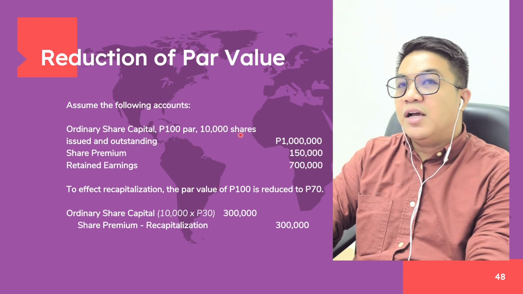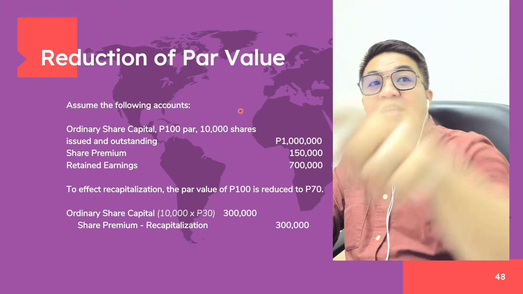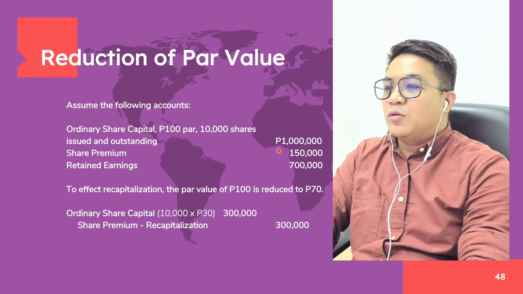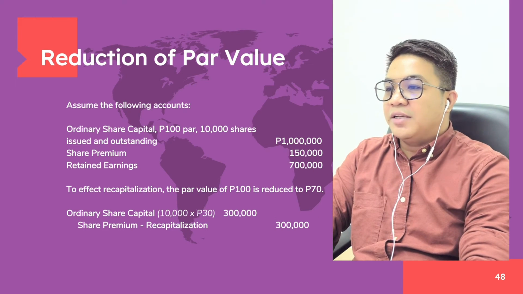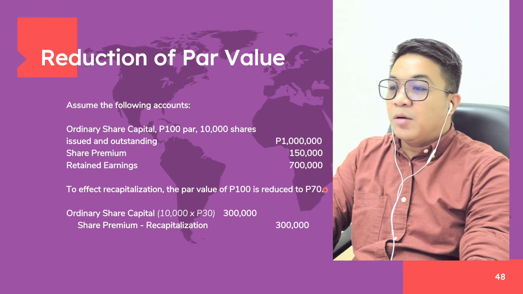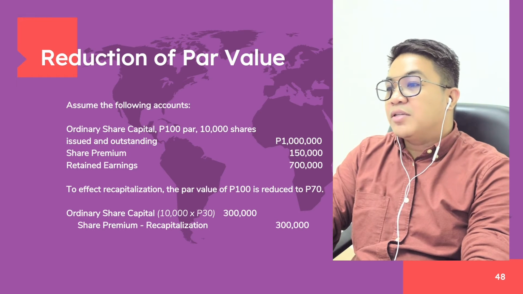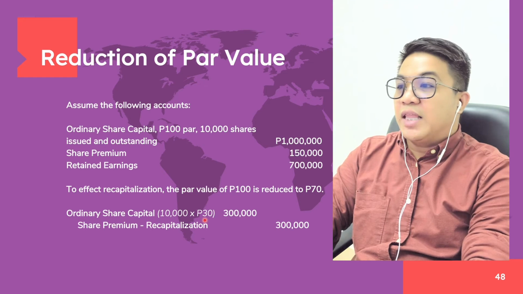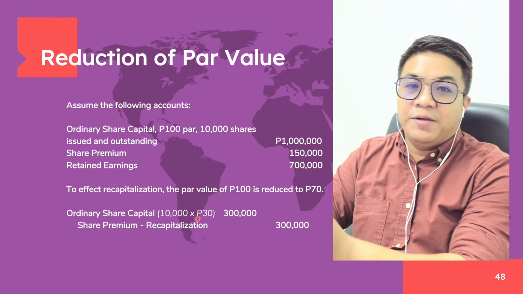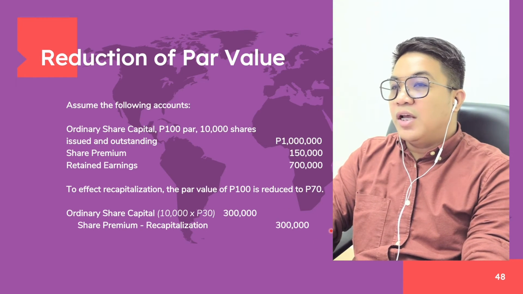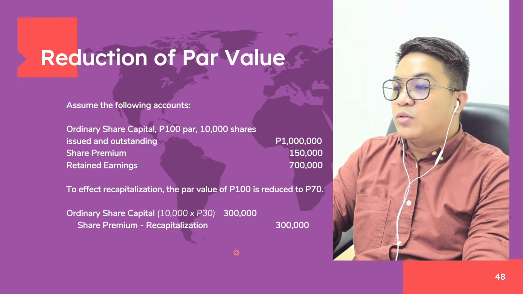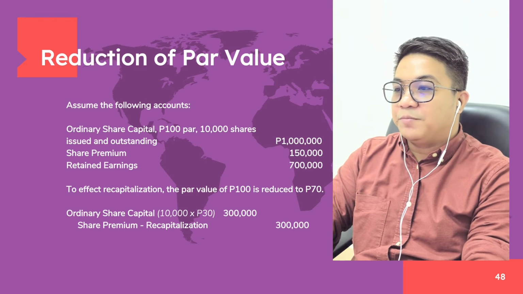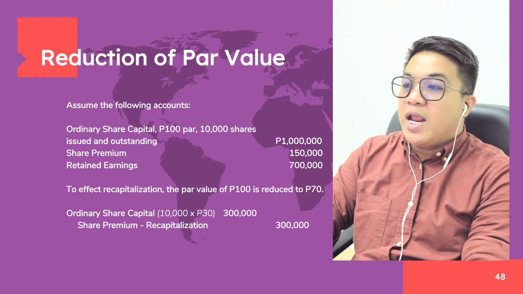The difference of 100 pesos par minus 70 is 30 pesos, times the 10,000 shares. So, we will get 300,000 pesos. So, we have here share premium dash recapitalization. So, that would be our entry.